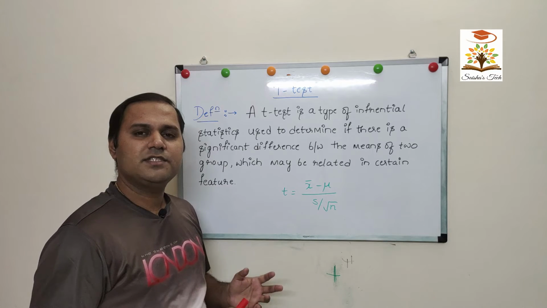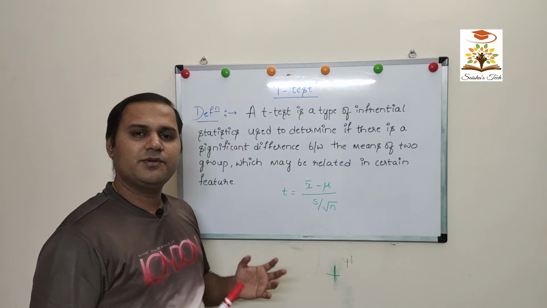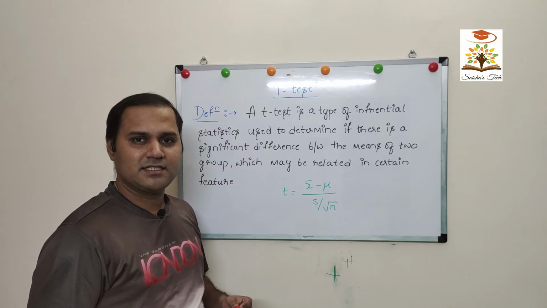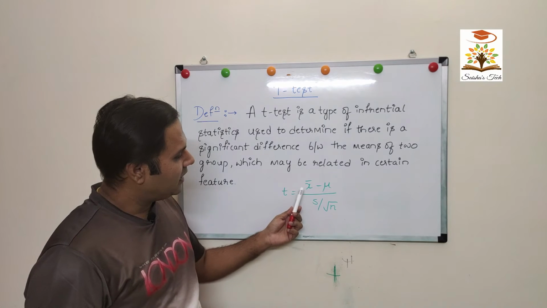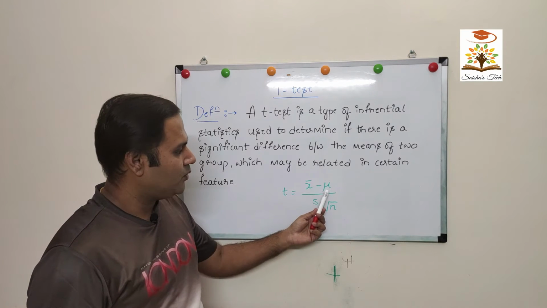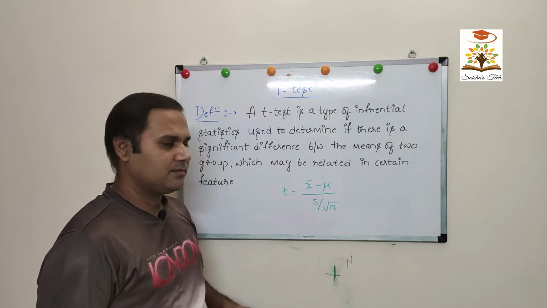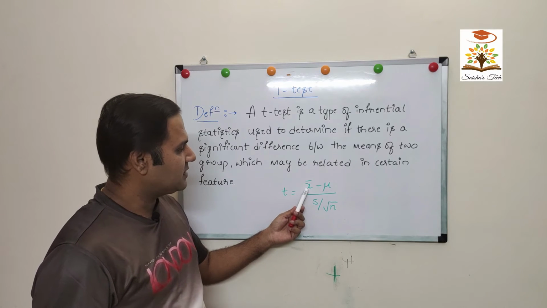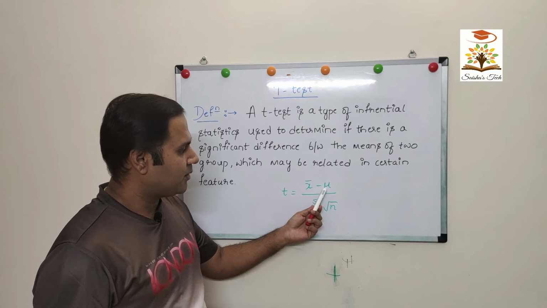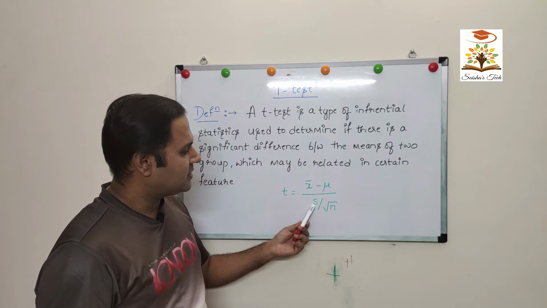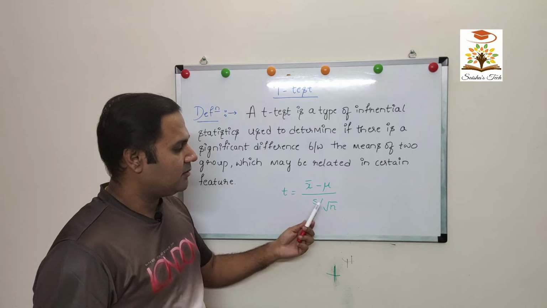The formula which is utilized to understand the significant difference between the two groups using t-statistics is t is equal to x bar minus mu divided by s by root n. Here, x bar represents the mean of the sample, mu represents the mean of the population, s represents the standard deviation of the sample, n represents the number of samples.